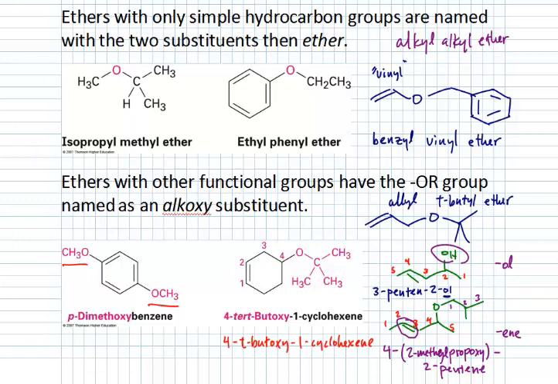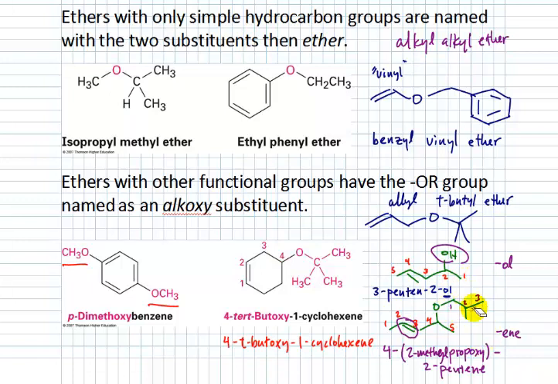So let me just review with you what we did here. Things like alcohols that have their name at the end of the compound's name, those will take numerical priority. Those will help us decide where the numbering goes.